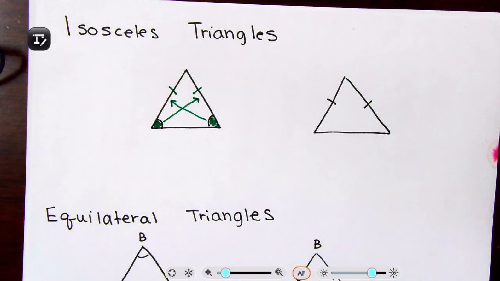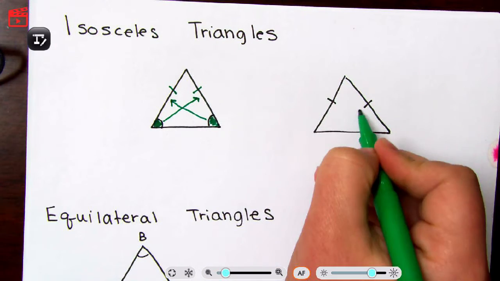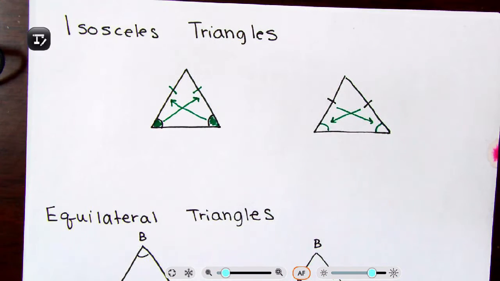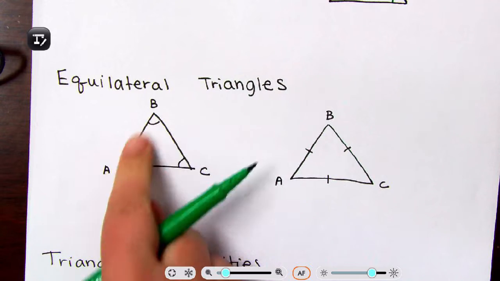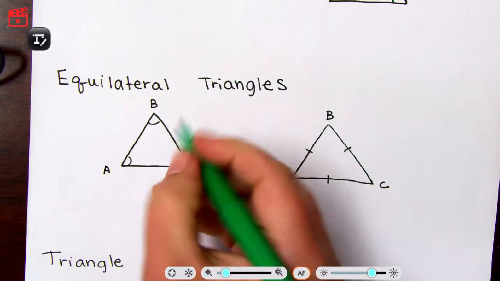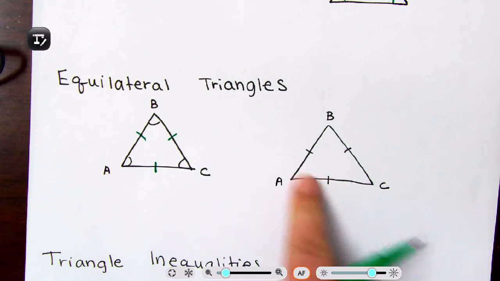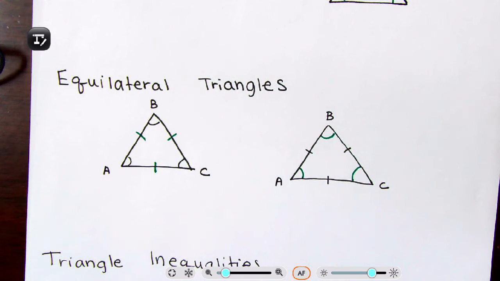And now the converse of that says if you have sides that are congruent, the opposite angles are also congruent. And that's for an isosceles triangle. An equilateral triangle says, hey, if all of the angles are the same, then all of the sides are the same. And if all of the sides are the same, that means all of the angles are the same.